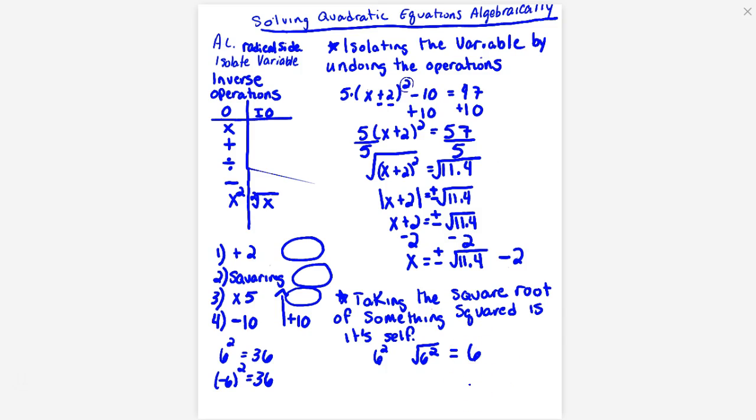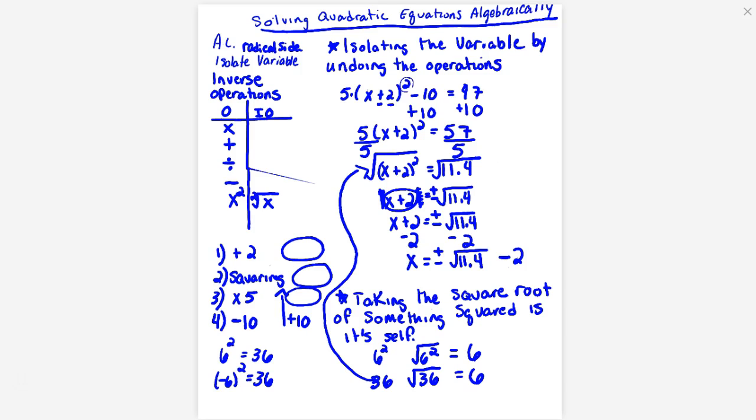Because think about it, 6 squared is 36, and the square root of 36 is just 6. That matches what we did up here. When we took the square root of x plus 2 squared, we just got x plus 2. You don't actually need to put these absolute value signs in here. I just wanted you to realize that our answer is going to be both positive and negative. So it is correct either way you do it.